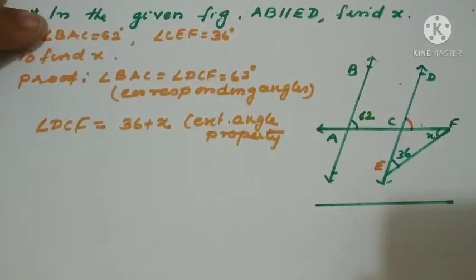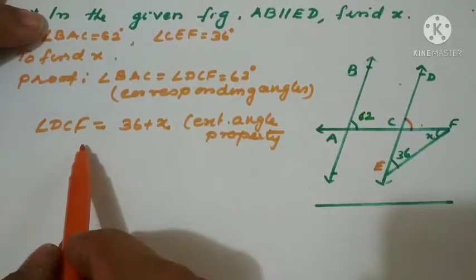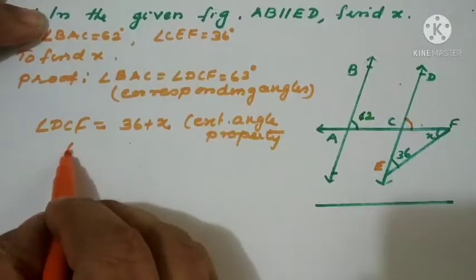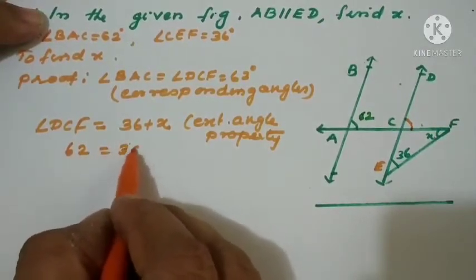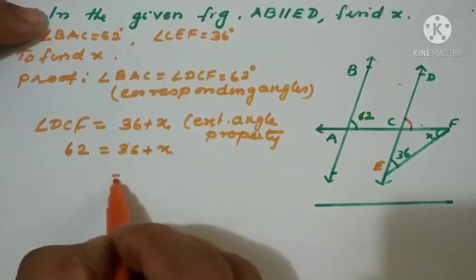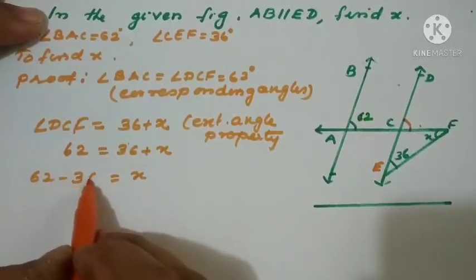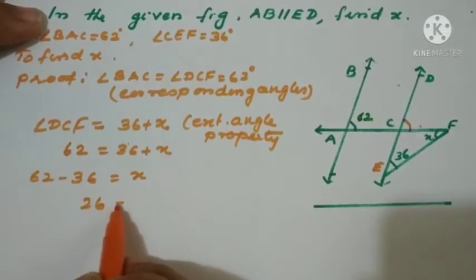Now angle DCF is 62 and it is equal to 36 plus x. Therefore x equals 62 minus 36. It is equal to 26.